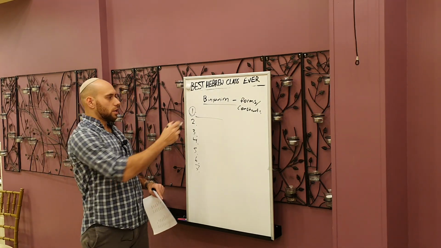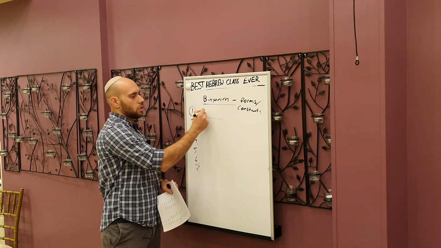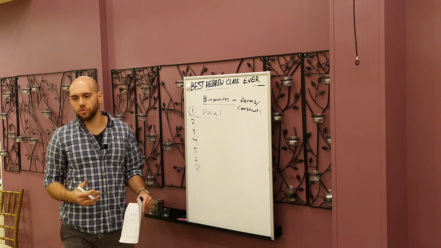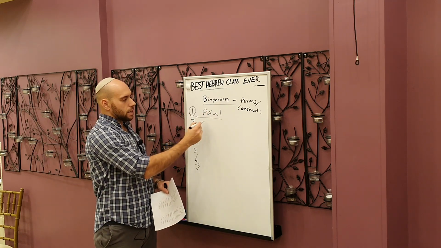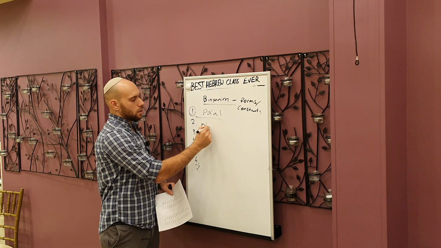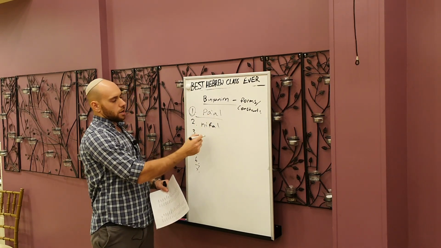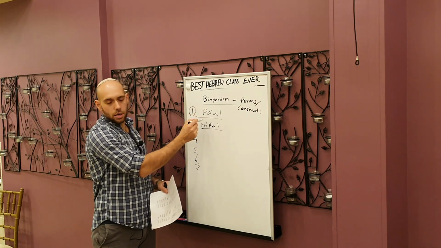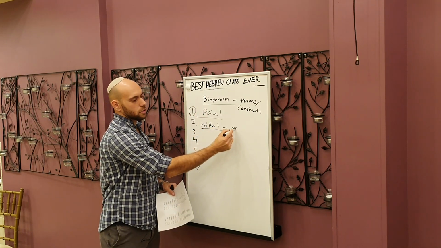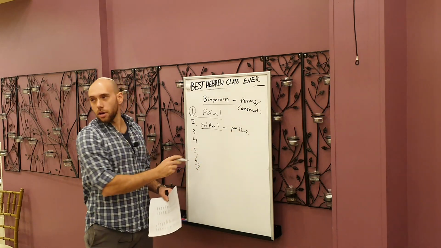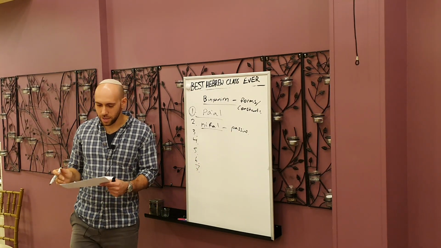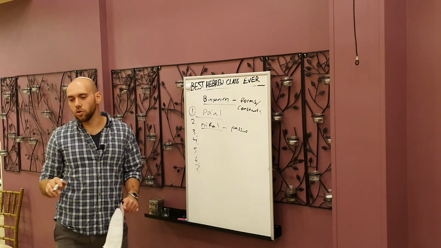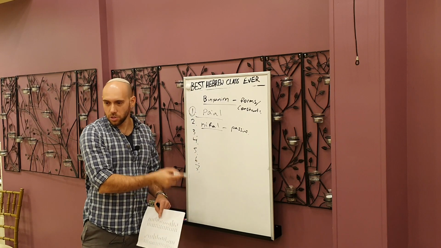For example, this first one is called the pa'al form. This is the simple form, just a simple verb. Another one is called the nifal form. This form is just the pa'al verb, but in the passive voice. And this will be a whole lesson, we're going to go through all of them and I'm going to explain all of them.